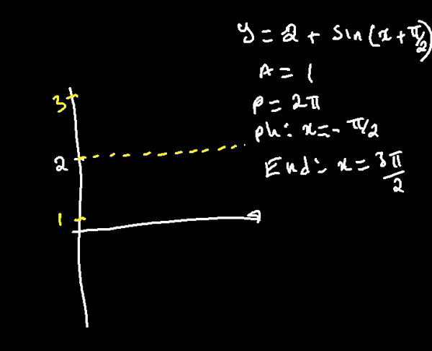So the graph is starting from the back, and it should be that. The graph is starting from negative pi over 2. Let's say this is negative pi over 2. And the graph is ending at 3 pi over 2. And this is where the graph is ending, 3 pi over 2. That's how you should have it.